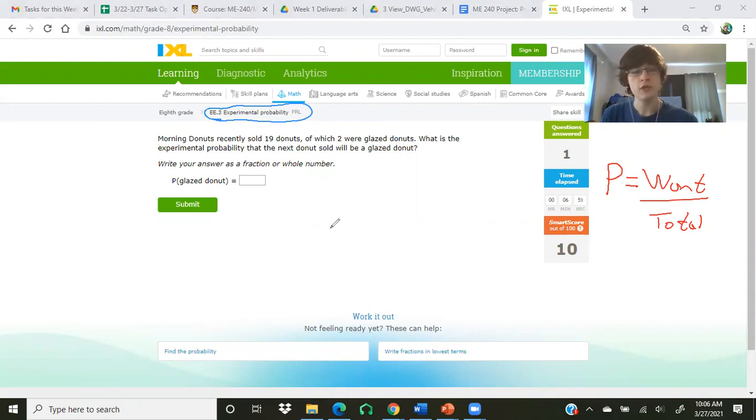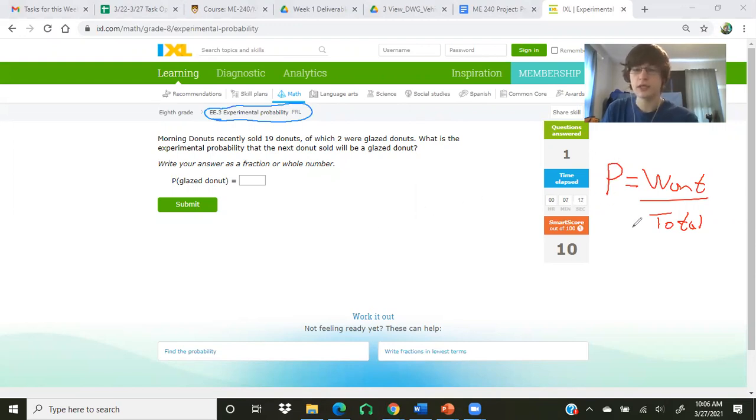Okay? So we have this question. Morning Donuts recently sold 19 donuts, 2 of which were glazed donuts. What is the experimental probability that the next donut sold will be a glazed donut? It's an excellent question, actually.